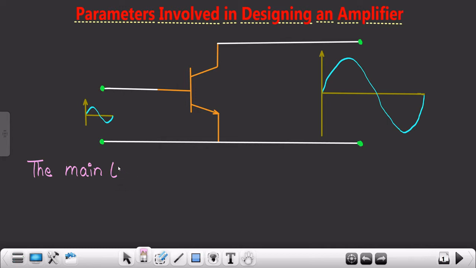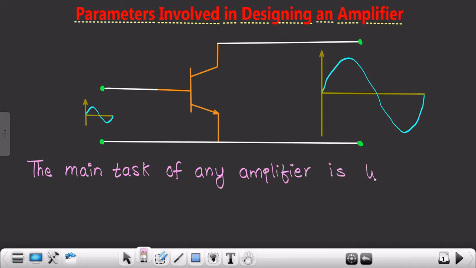The main task of any amplifier is to amplify a weak signal. Basically, an amplifier converts a weak signal into a stronger form.